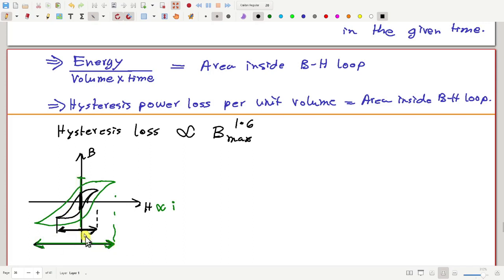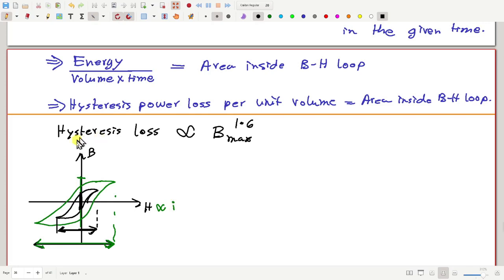If both of them were twice, then the area of the graph would have been 4 times. That means the area would have been proportional to current square. But since flux cannot increase as much as the current, the area will not be proportional to the current square. Okay, the area is rather less than that.